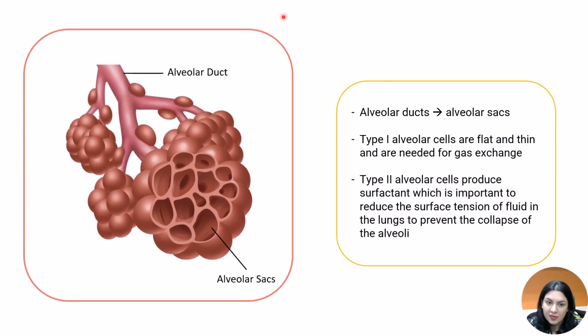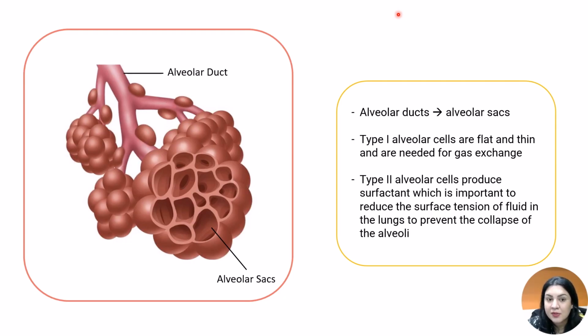It's also during the saccular stage that these primitive alveolar sacs continue to increase in number, and they start to develop a lot more extensively. Within these alveolar sacs, we have the type 1 alveolar cells, which, as we just said, are essential for facilitating gas exchange.